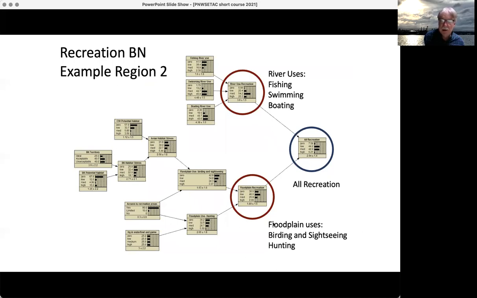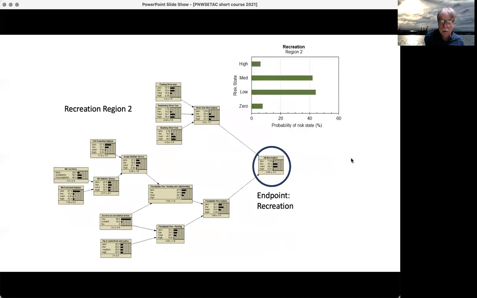The floodplain uses covered here are mostly birding and sightseeing and some hunting. The river uses up here are fishing, swimming, and boating. This is the region recreation pathway for region 2. And this is just a diagram of the probability distribution.